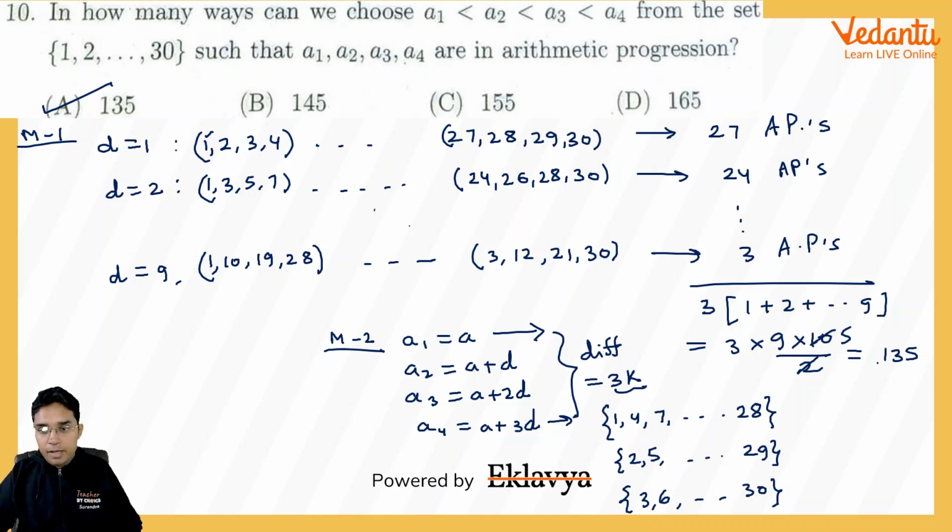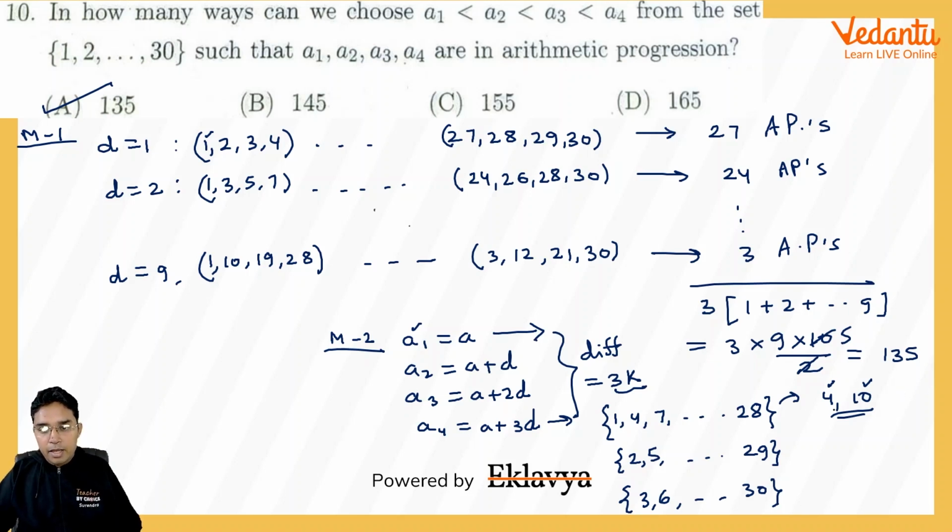For example, from the first one, if you take 4 and let us say 10, two numbers. If my A1 is chosen to be 4 and A4 is chosen to be 10, then the difference is 6 and D will become 2. The other two numbers can also be taken. They will be 6 and 8.